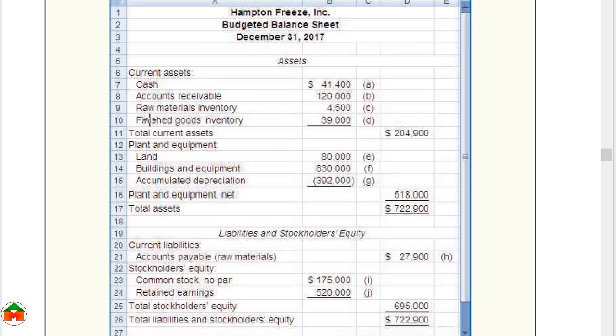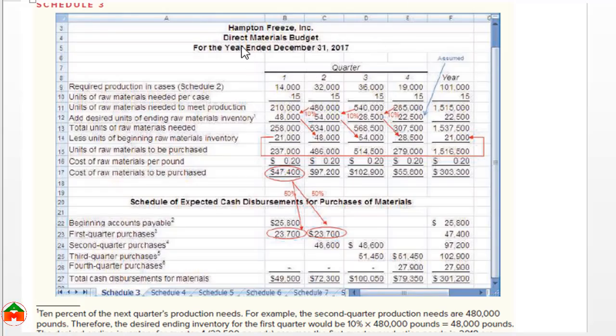Next we can see raw materials inventory, and the balance of this raw materials inventory will be taken from the direct material budget. This is the direct material budget, and our closing raw materials equals 22,500 units, and our cost of raw materials per pound is 0.20.